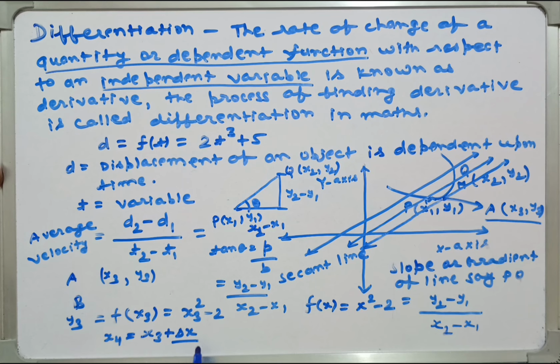Suppose this delta x tends to 0, which means the delta x value is so small, it is approximately 0.00000 and so many zeros, then 1.